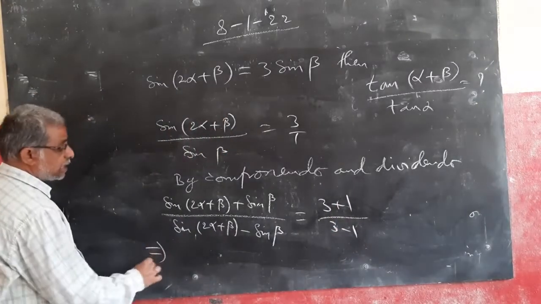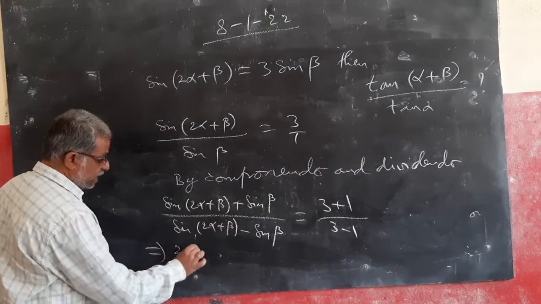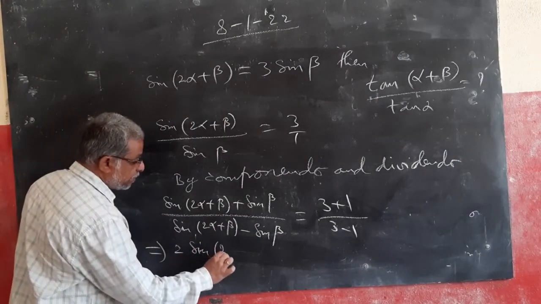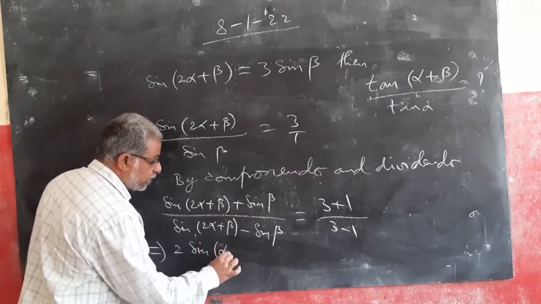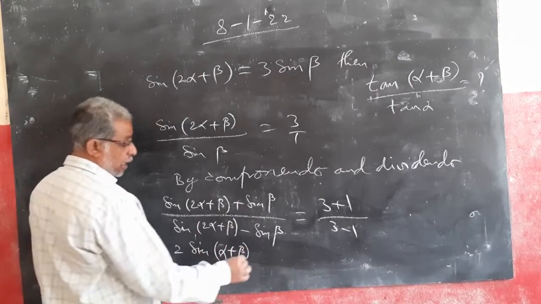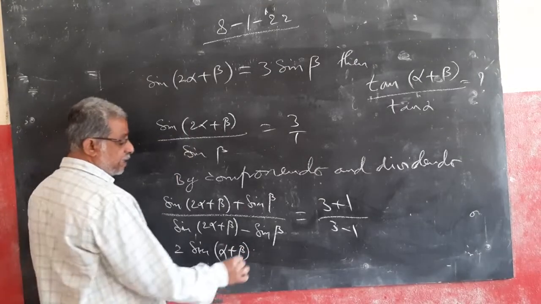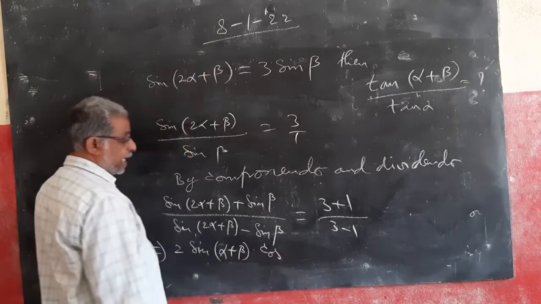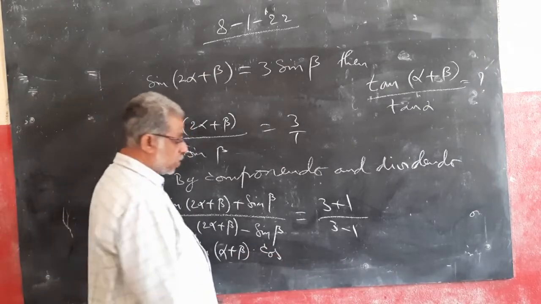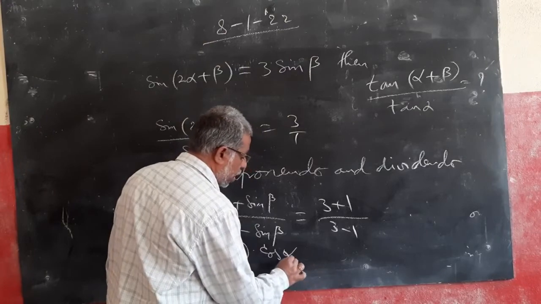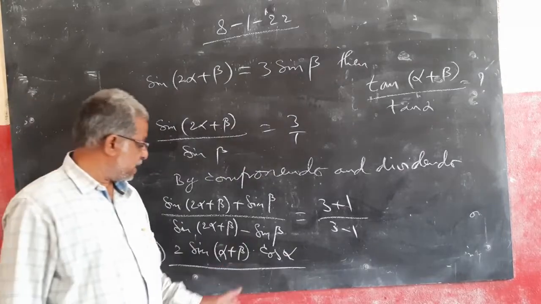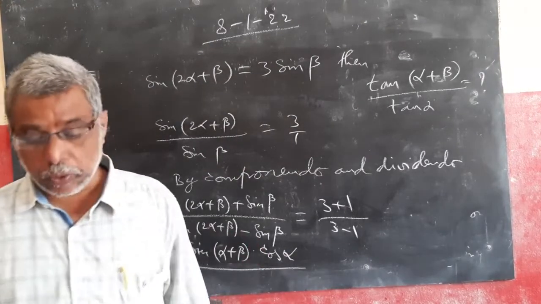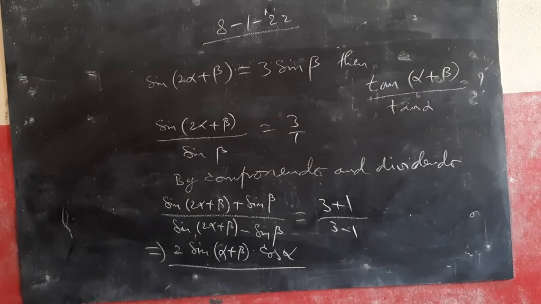So sin c plus sin d means 2 sin of c plus d by 2, that is 2 alpha plus 2 beta by 2, which gives sin of alpha plus beta into cos of c minus d by 2, that is 2 alpha plus beta minus beta, beta cancels, 2 alpha by 2 becomes cos alpha, divided by sin c minus sin d, which is 2 cos of c plus d by 2 into sin of c minus d by 2.